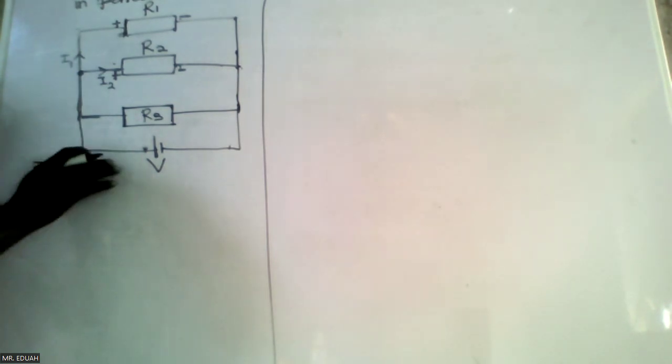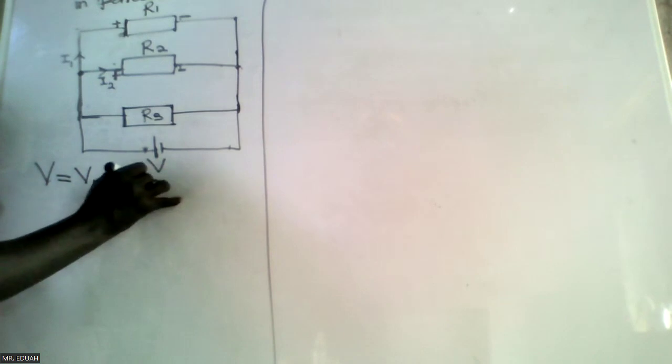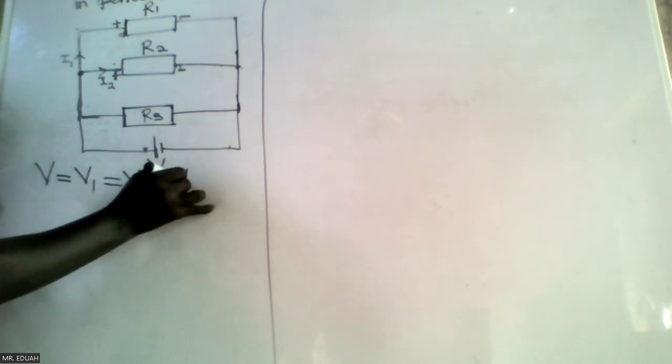What is important is to understand that for resistors connected in parallel, the voltage drop across all the resistors is the same, meaning V is equal to V1 equal to V2 equal to V3.